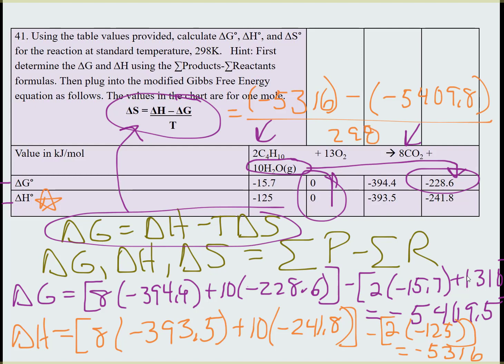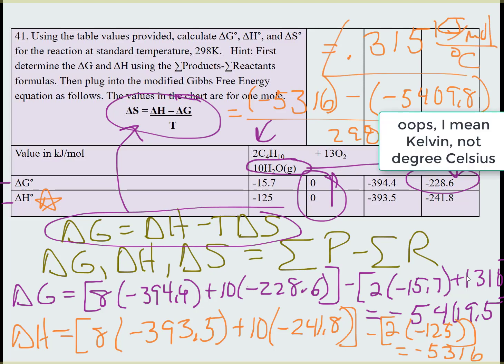When I do this, my final answer is going to be 0.315, and this is kilojoules per mole divided by degrees Celsius.